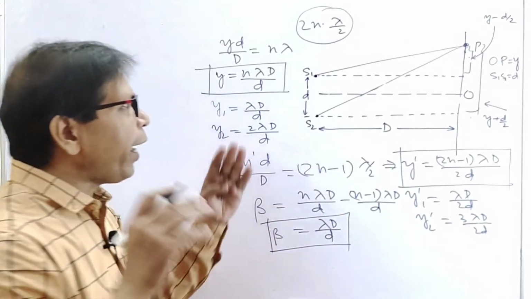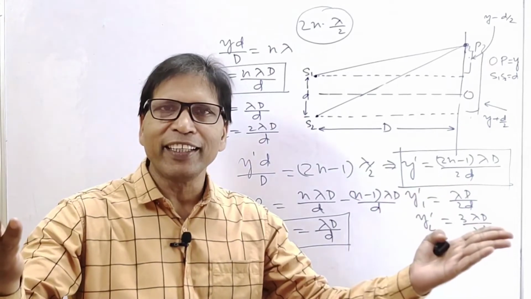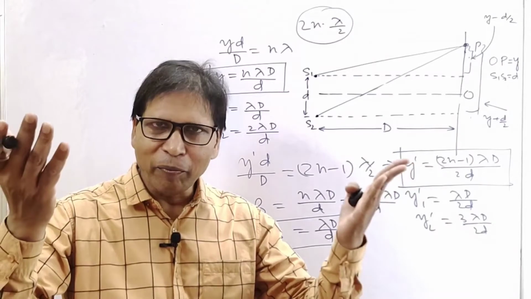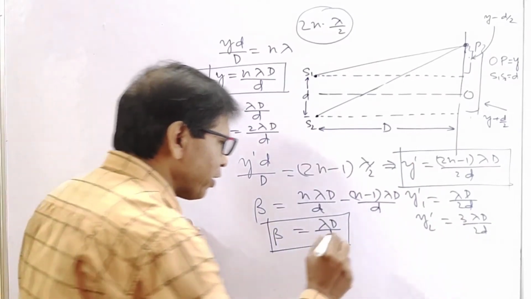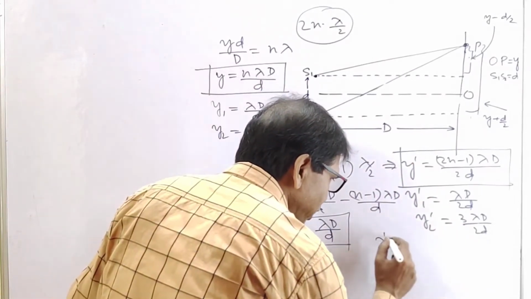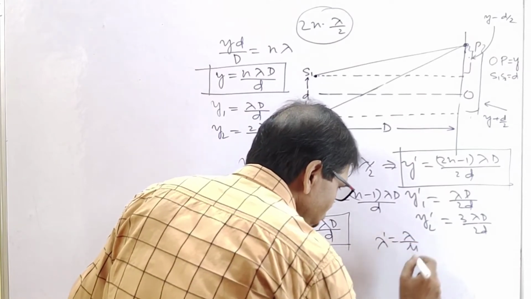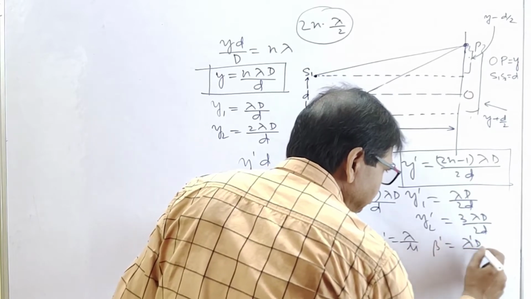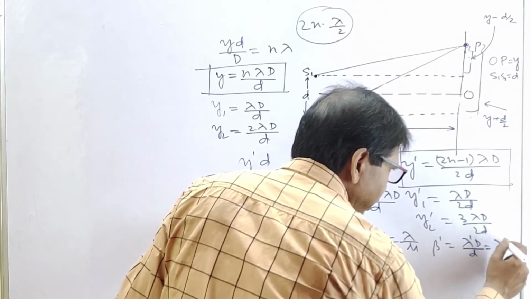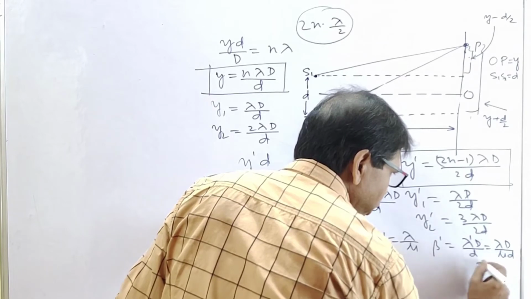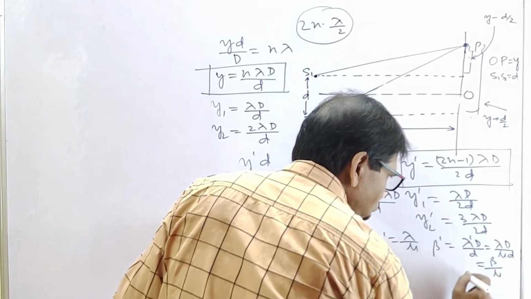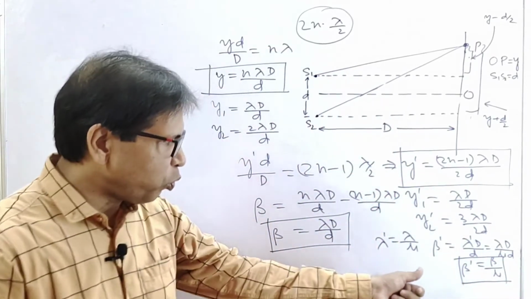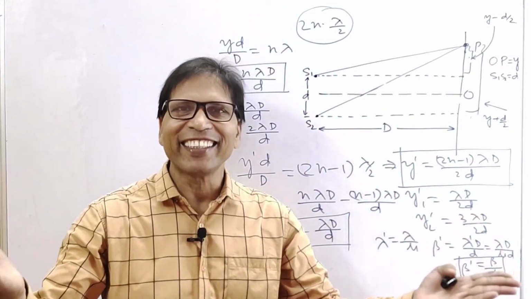If the whole arrangement of YDSE is immersed in a liquid of refractive index mu, then the wavelength lambda dash becomes lambda by mu. So in this case, beta dash equals lambda dash capital D by d, that is lambda D by mu into small d. So this is beta by mu. So beta dash equals beta by mu. So the fringe width in water decreases.